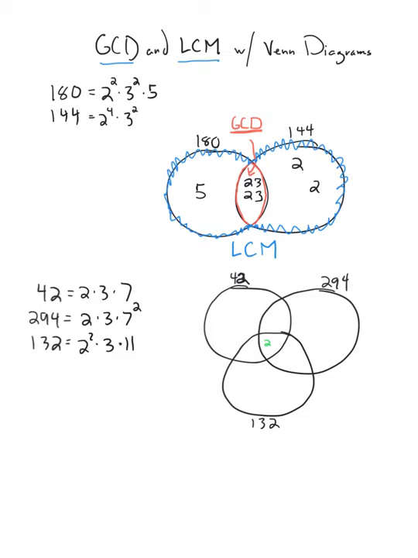So I'll put the other 2 in the circle for 132 and in the bit of the circle that isn't part of 42 or 294. So it's just in 132. Okay? All of these have a factor of 3, so I can put 3 in the intersection of all three numbers.